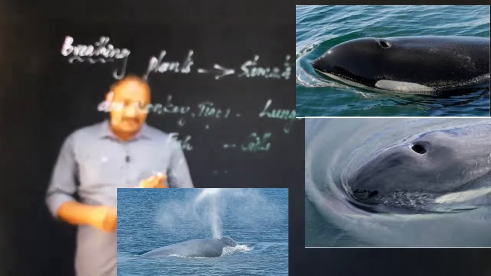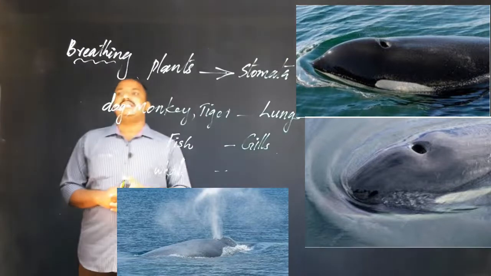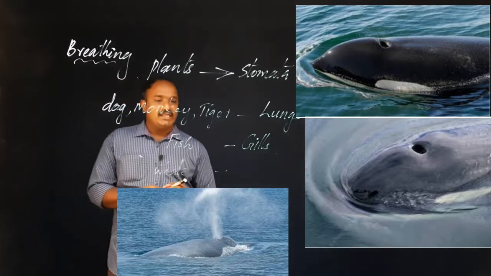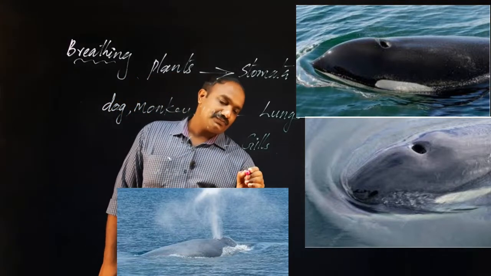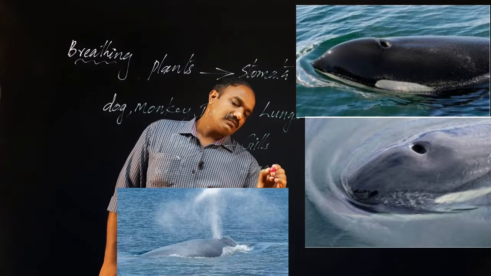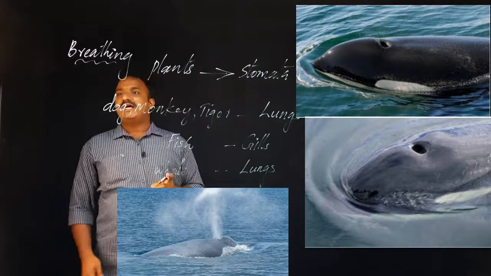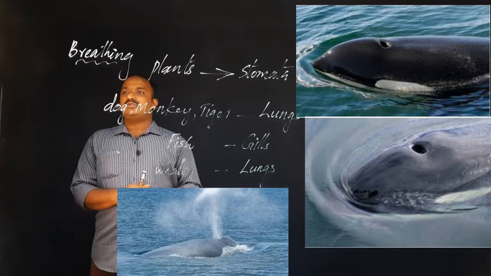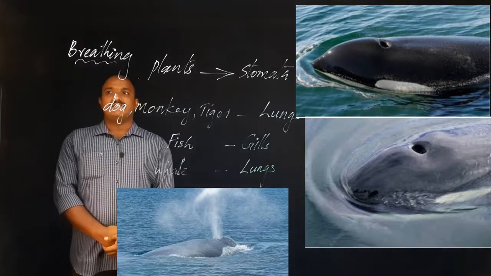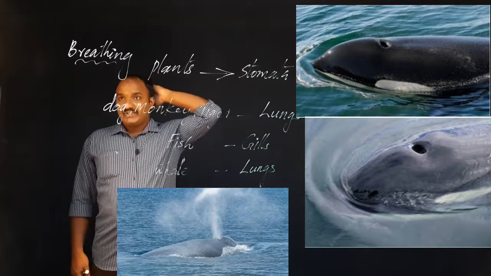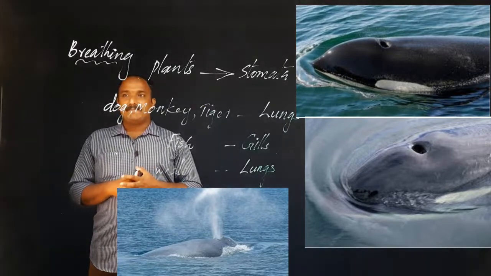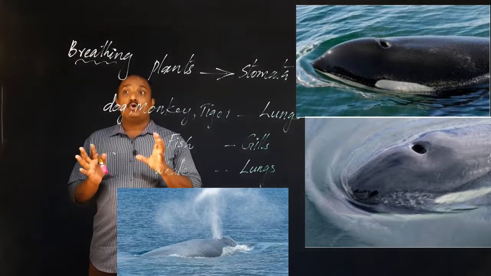But as the whale is living in the water, it does not have any gills. Whales breathe through lungs. Then how can the whale breathe through lungs as it is in the water? On the top of the head of the whale, there is a big hole.